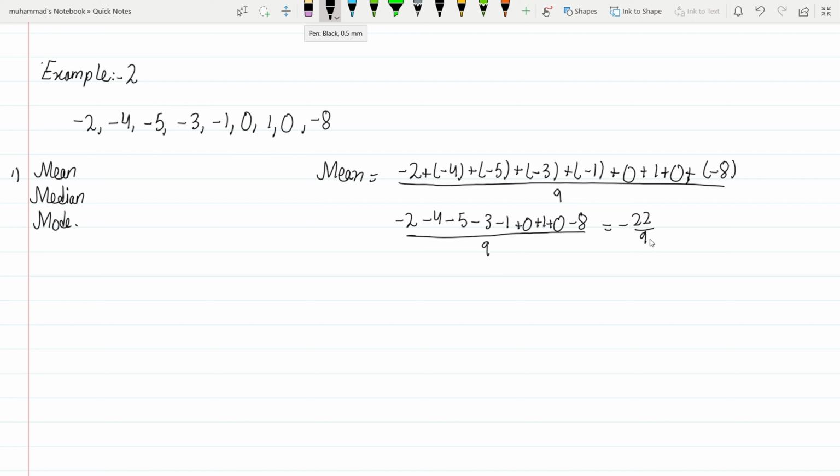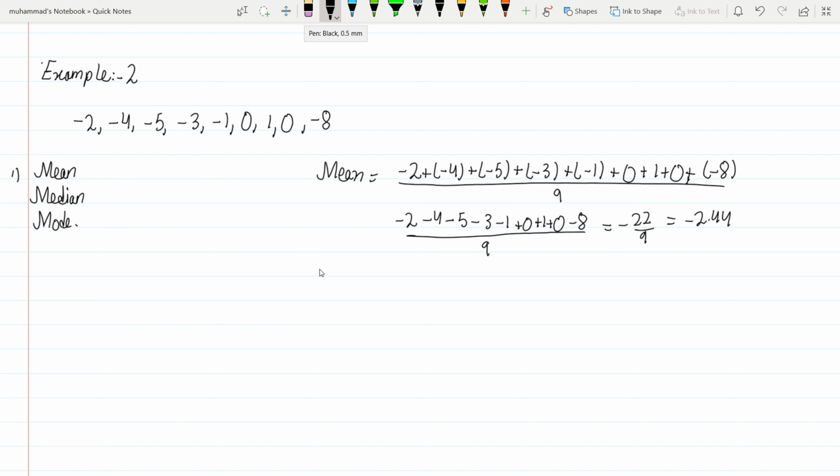Just divide by 9, you will get -2.44. So this is the value of the mean.